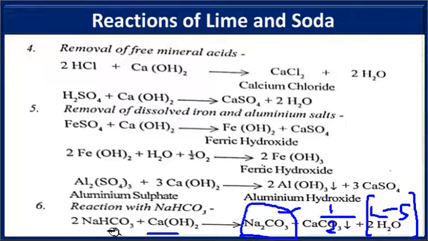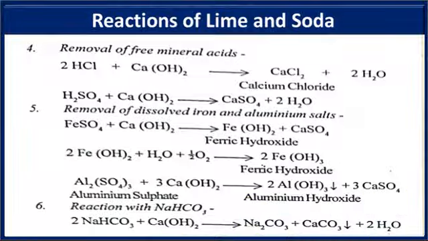Because 2 moles of sodium bicarbonate need 1 mole of lime, which generates 1 mole of soda. If we take 1 mole of sodium bicarbonate, it consumes half mole of lime and generates half mole of soda. So that is why half L minus S is the complete requirement of lime and soda for sodium bicarbonate.